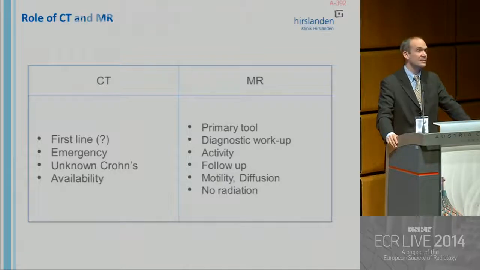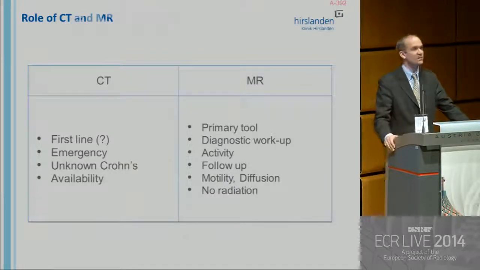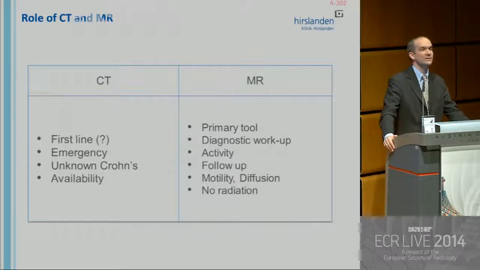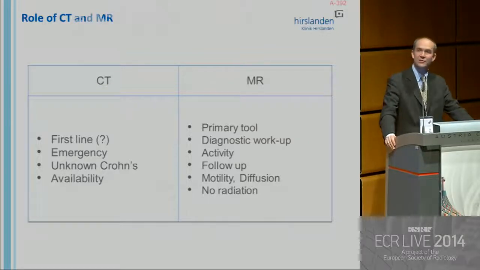For sure, if Crohn's is not even known yet, these patients will most of the time have their first CT, and then you assume it could be Crohn's. For everything else, the primary tool, the workup, especially the follow-up, and we are getting more and more of these patients where the gastroenterologist calls you and says, I think this patient needs an MR. He has diffuse abdominal pain, and we don't know what's happening. We know he has Crohn's.